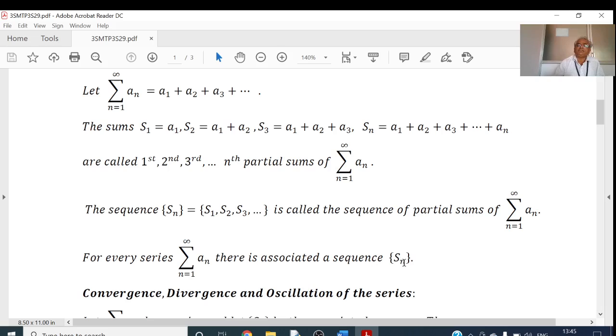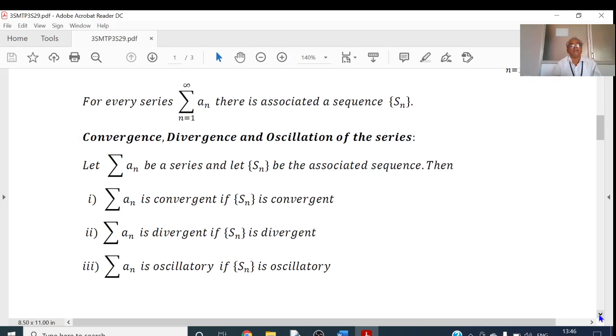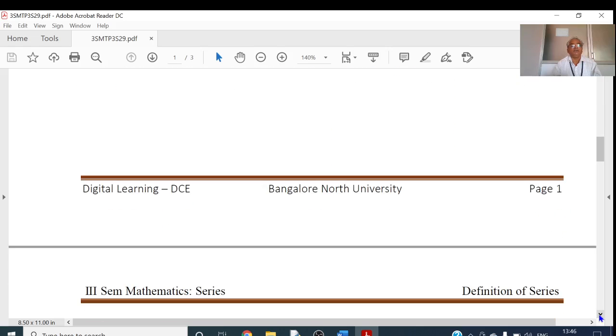If the sequence Sn is convergent, then we say that the given series is convergent. If the sequence Sn is divergent, then the series is divergent. If the sequence Sn is oscillatory, then the series is oscillatory. This is how we define the convergence, divergence and oscillation of the series.